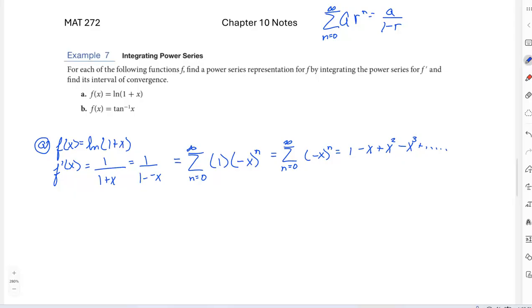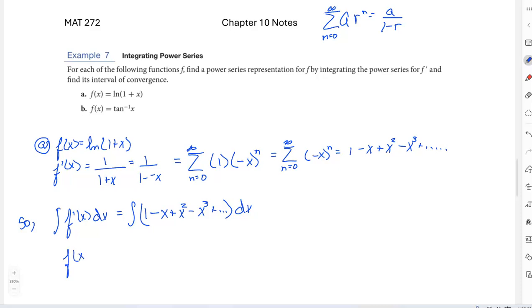So that rational function was easy to figure out a power series for. If I integrate this, I'll get ln of x. So if I integrate f prime of x dx, that means I want to integrate that sum of 1 minus x plus x squared minus x cubed, and so on, with respect to x.